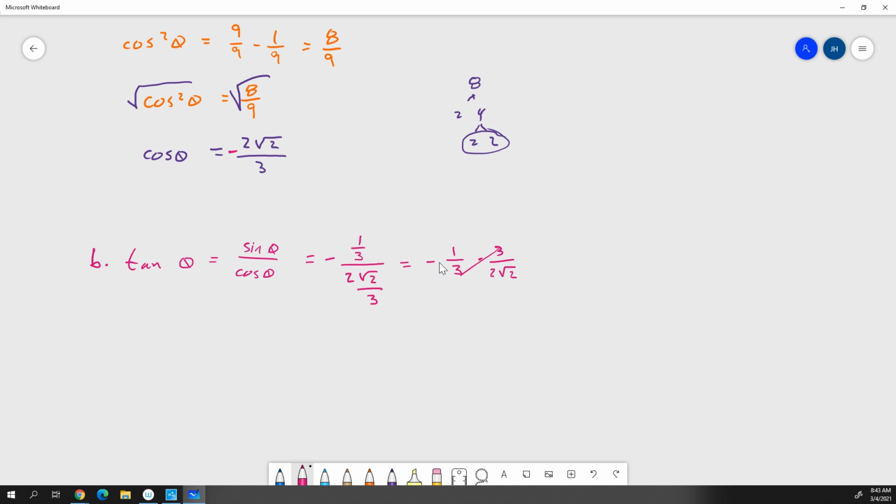When I look at that, these can cancel, and we wind up with 1 over 2 radical 2. We need to rationalize that denominator, so we're just going to multiply times radical 2 over 2, and we get radical 2 over 4. And I lost my negative along the way, but it still needs to be there, right?